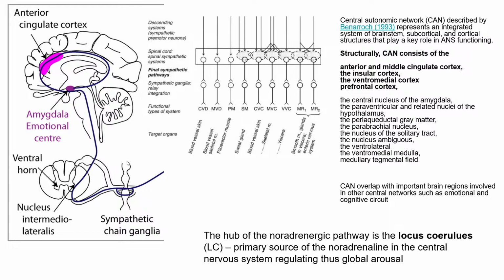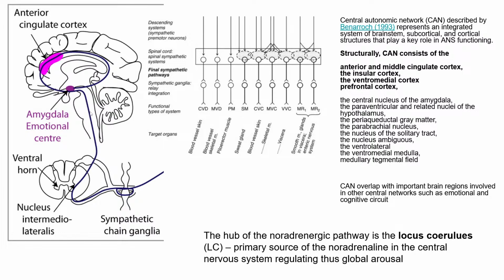Before going to the sympathetic trunk, the preganglionic nerves go from the spinal cord, from the ventral horn, from the region of the nucleus intermediolateralis. So that's the same pathway actually for the nerves that go to the eye and to the sweat glands.